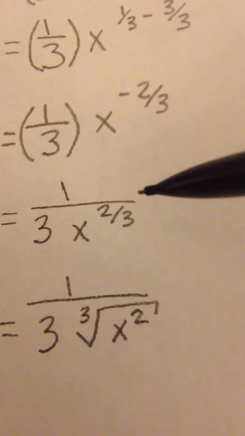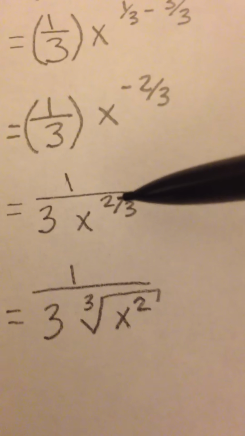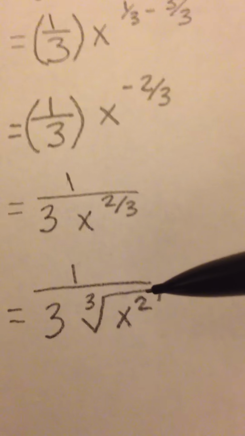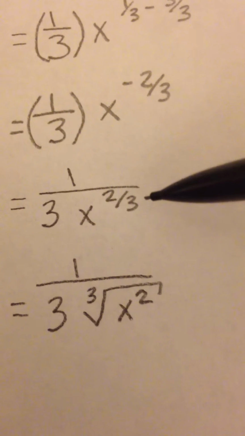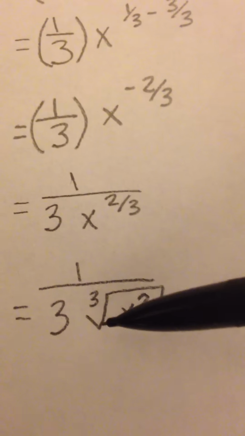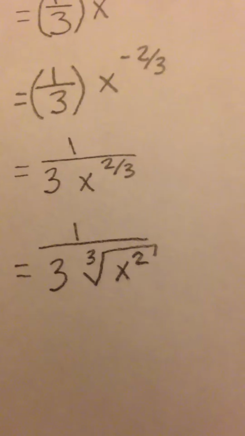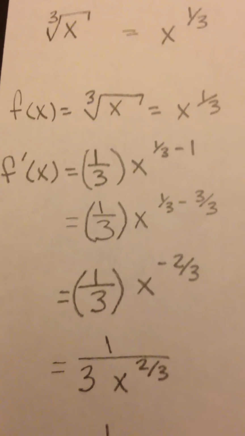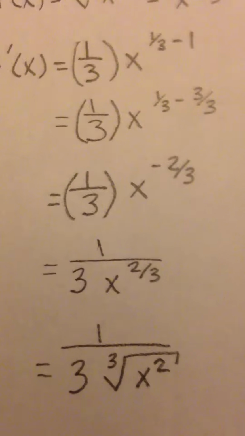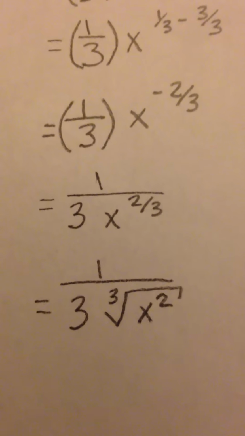And when you have a fraction for an exponent, the 2 in the 2/3 is telling you that you're going to square your x, and the 3 is telling you that you're going to be taking a cube root. So cleaning it up all nice and pretty, the derivative of the cube root of x is equal to 1 over 3 times the cube root of x squared.